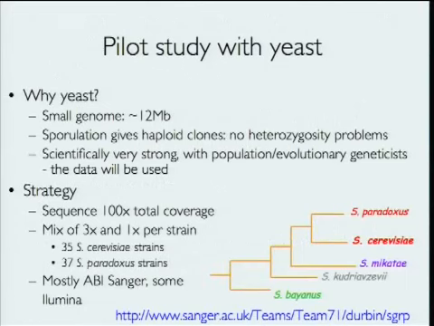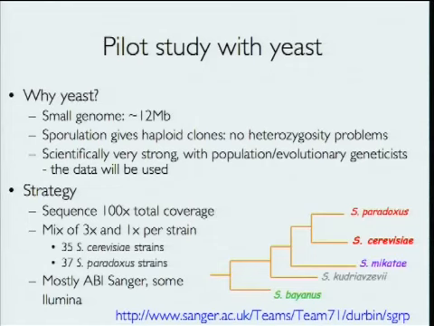So it's all very well having that as an arm-waving idea. Can we show that it works? Well, we can do that by simulation, in theory, and also we can do pilot studies in practice. So we did a pilot study in yeast, a small genome. We can get haploid clones, so we get single versions per strain. There's none of this problem of diploid, two copies.